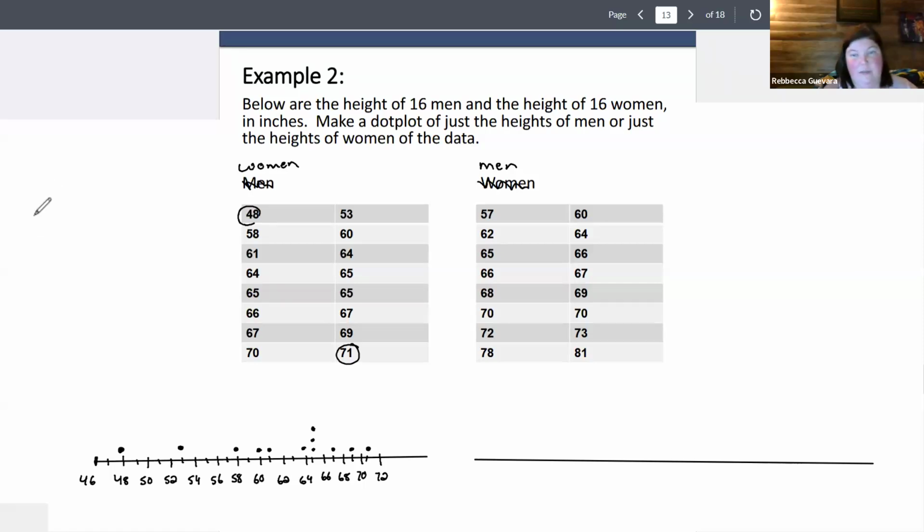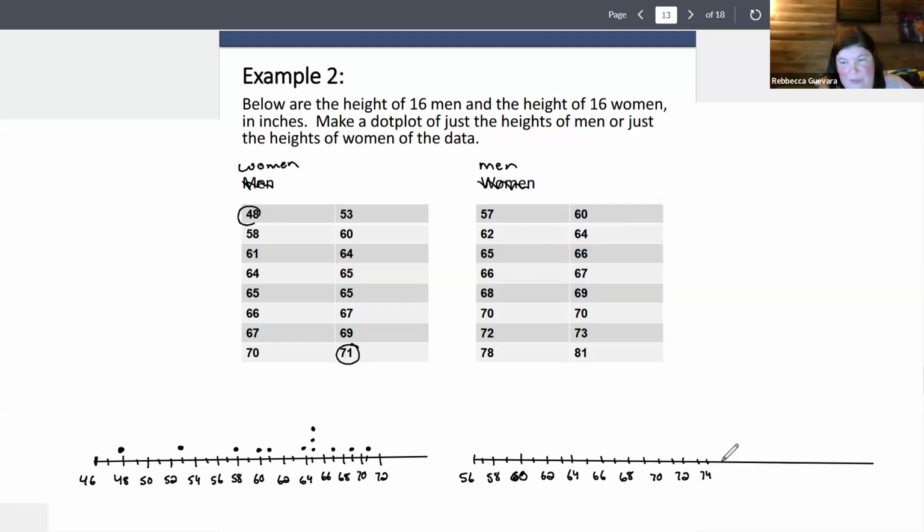Okay, so if I do the men now, the smallest I have is 57, so we'll start at 56, say. I'll go up to 58. There we go, 60, 62, so I'm just marking the twos again. 64, 66, 68, 70, 72, 74.